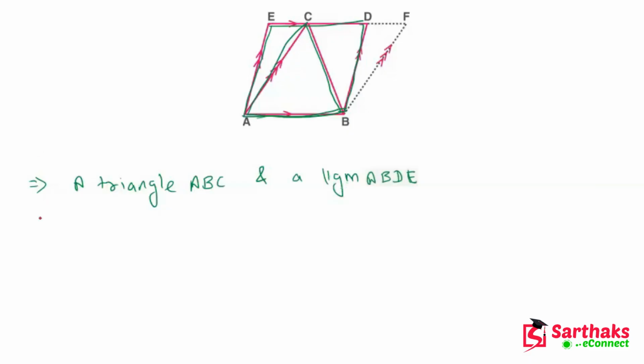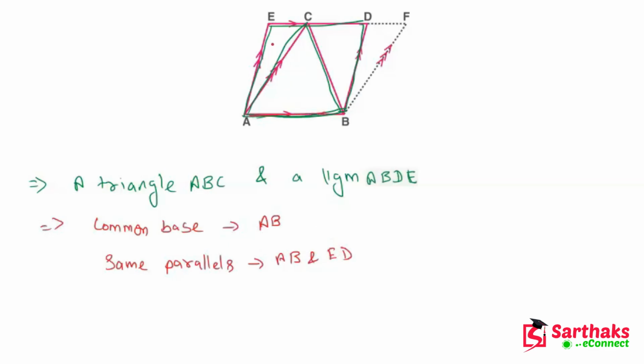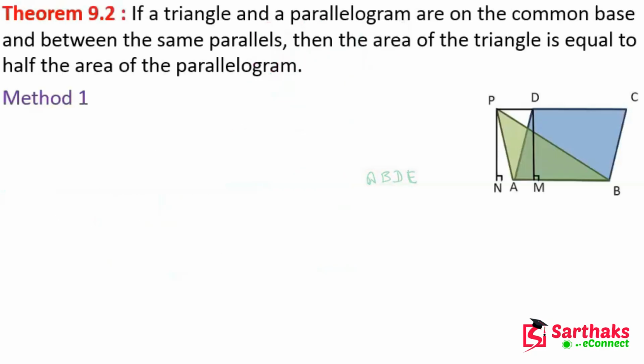The common base is AB, and the same parallels are AB and ED. These two lines are the same parallels. I hope you get this point. So now let's see the theorem on this topic.